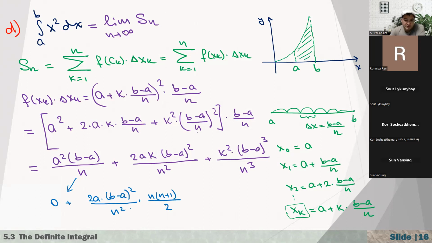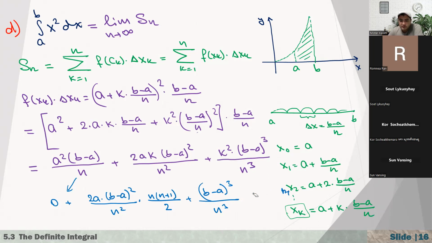We have to evaluate this expression's limit. Plus, and how about this thing? This thing is b minus a cubed over n cubed. And how about the sum of k squared? If you remember, we also have a formula to evaluate this, right? That's equal to n times n plus 1 times 2n plus 1.